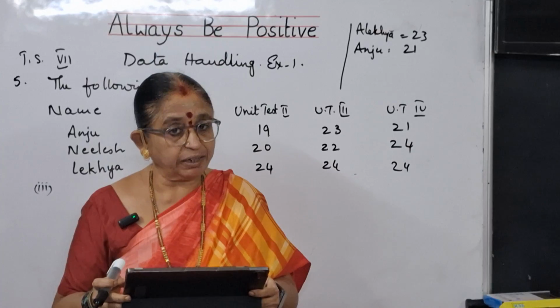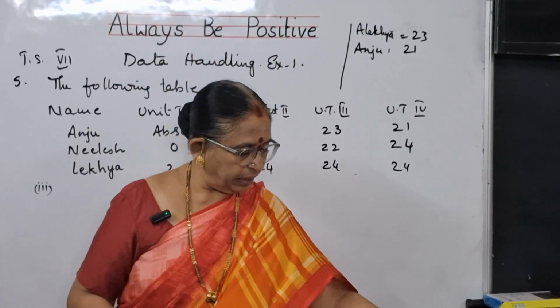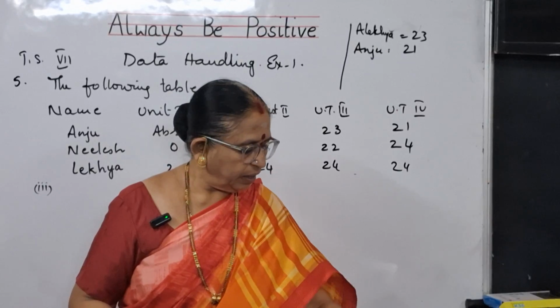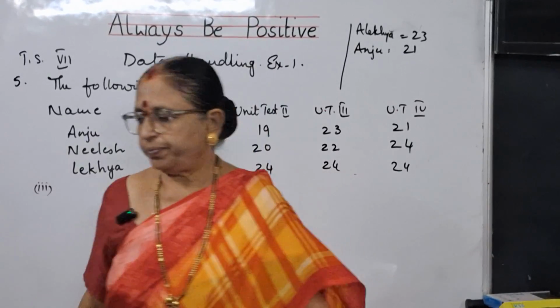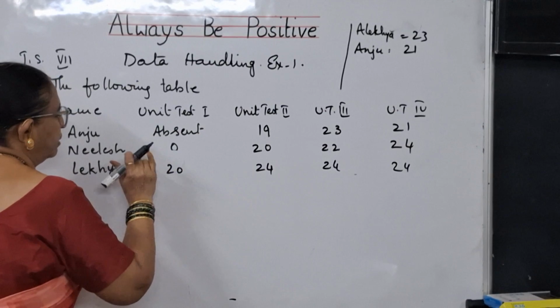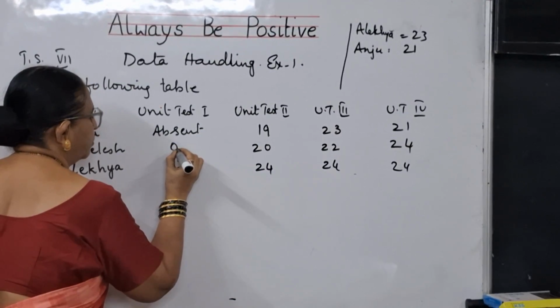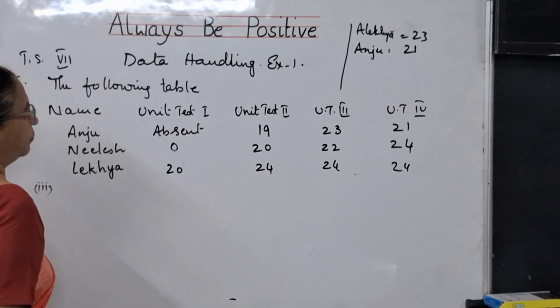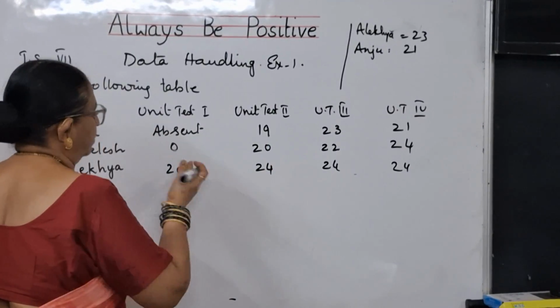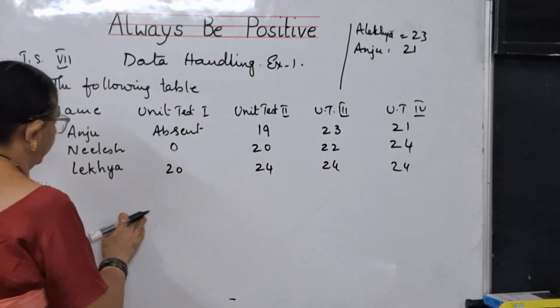Find the average marks secured by him. Will you divide the total by 3 or 4? Why? So the question is again here. So children, remember one thing. Even though Neelesh has got 0 in one test, you cannot divide it by 3 because he has appeared for 4 tests. He got 0. That is another issue. But so we have to divide.